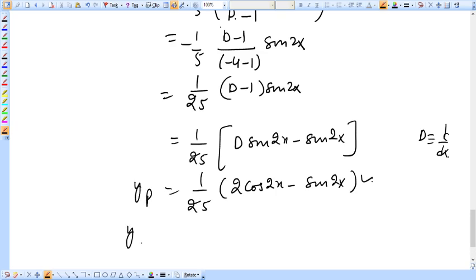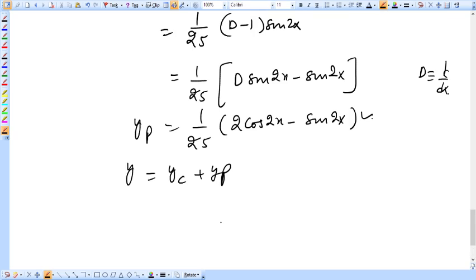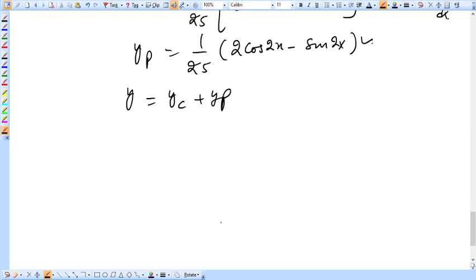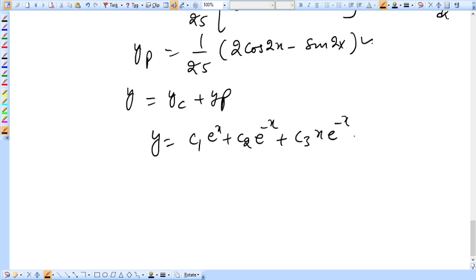Now the complete solution is equal to yc plus yp. So adding both, we get y is equal to c1 e raised to power x plus c2 e raised to power minus x plus c3 x e raised to power minus x plus 1 over 25 into 2 cos 2x minus sine 2x.